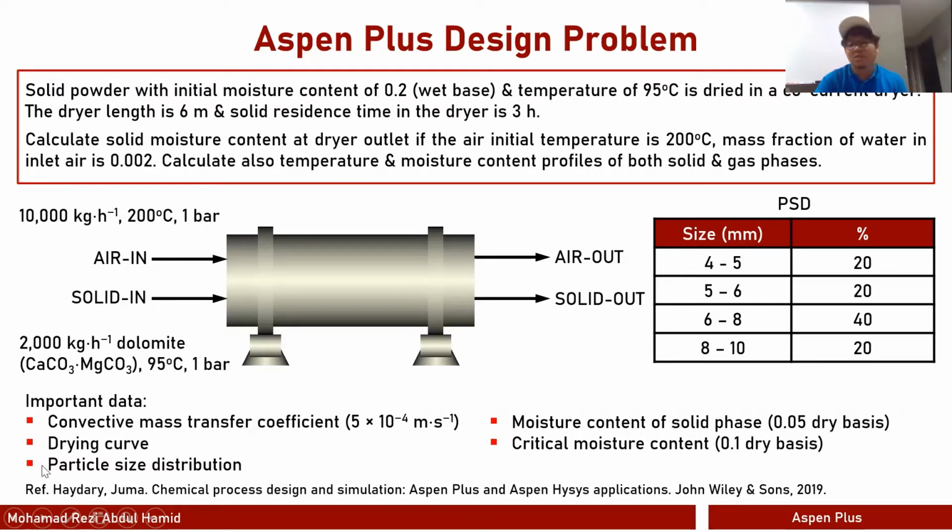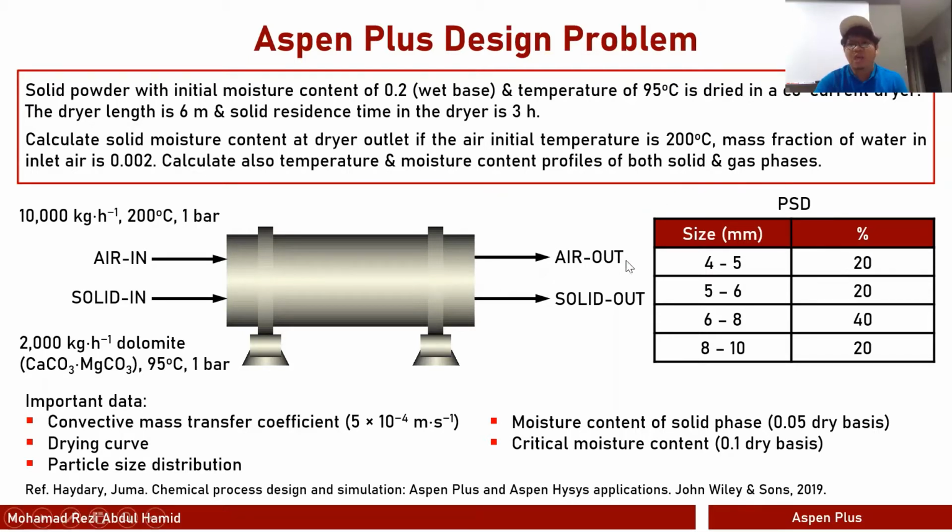And because this is a solid, we need to know the particle size distribution, because different particle size distributions will have different drying curves. We also need to know that the moisture content of the solid phase is 0.05 on a dry basis, and the critical moisture content is around 0.1 dry basis, which I will explain later on.